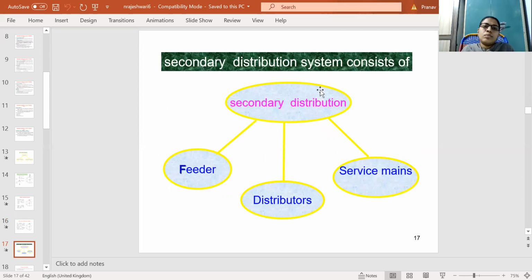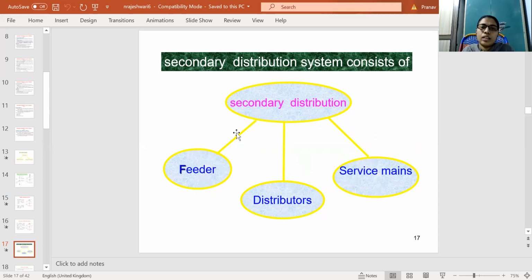The secondary distribution system consists of feeders, distributors, and also service mains. From secondary distribution to the consumer premises, these three play an important role in transmitting the power from secondary distribution to the consumer premises or load centers.